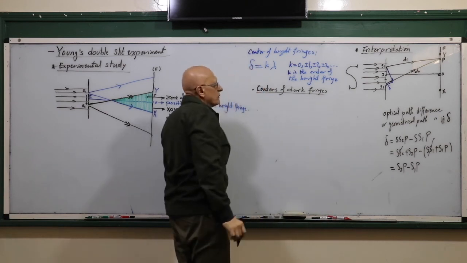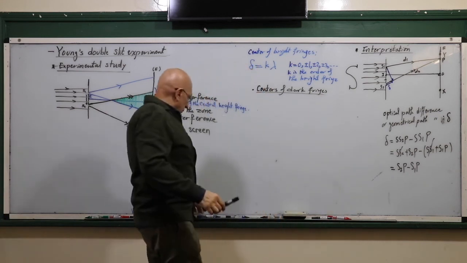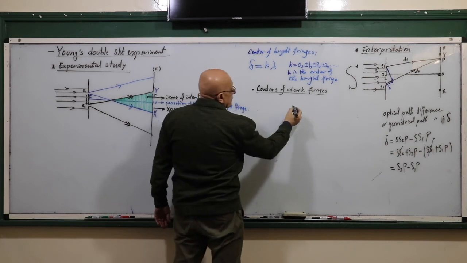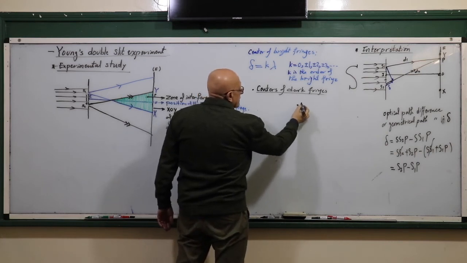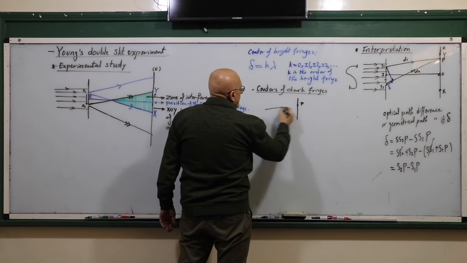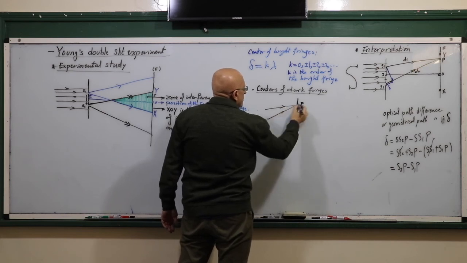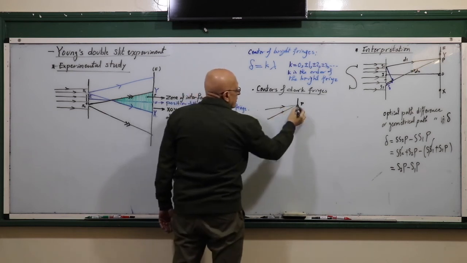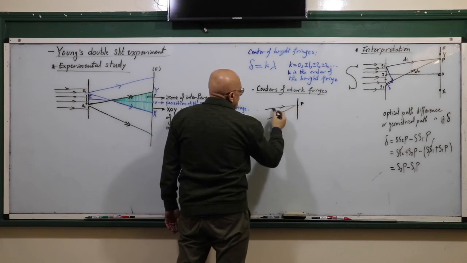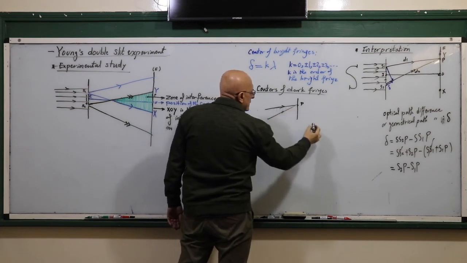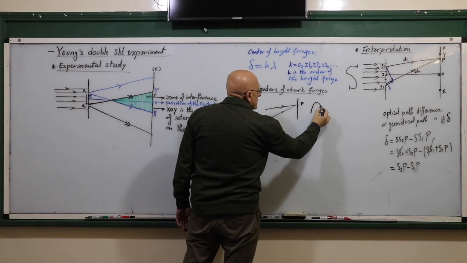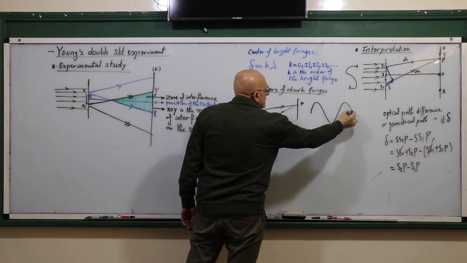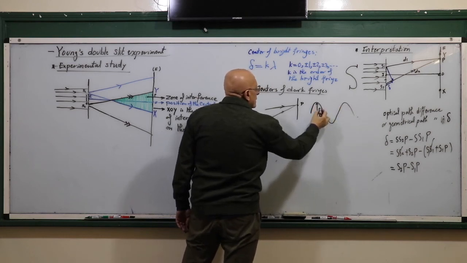Also here, look here, suppose this is P and these are the rays coming. Suppose from one source S1 the ray reaches P like this. This is E1, okay?